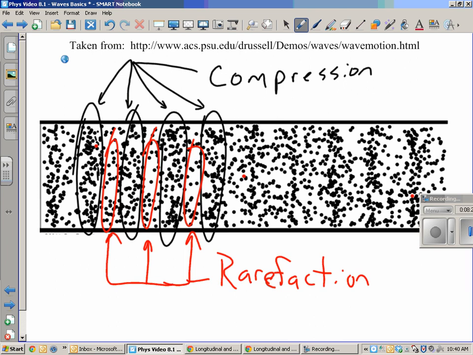So amplitude you really can't draw on this, because if you pick a particle, this particle, for example, is going to go back and forth, back and forth, back and forth. So the amplitude would be just half of that distance. So there you go. Those are the two different types of waves.